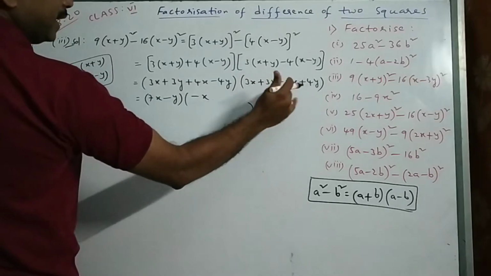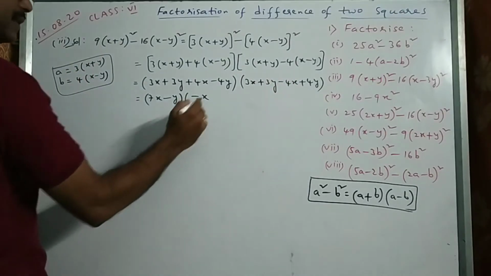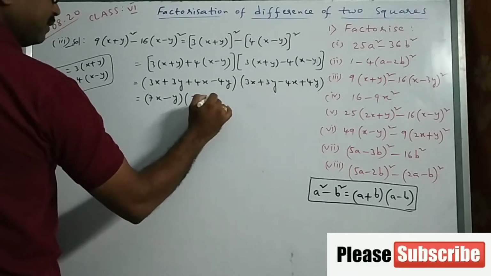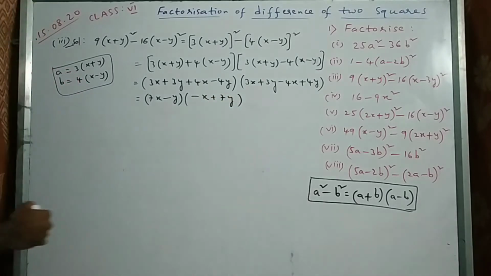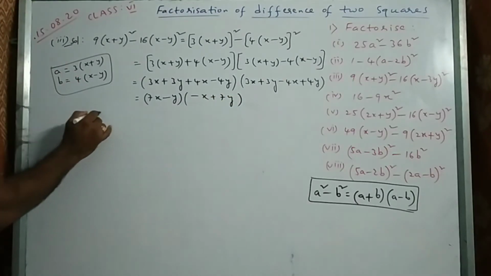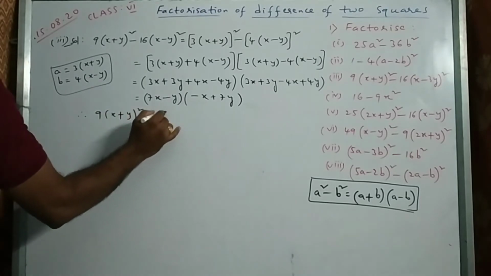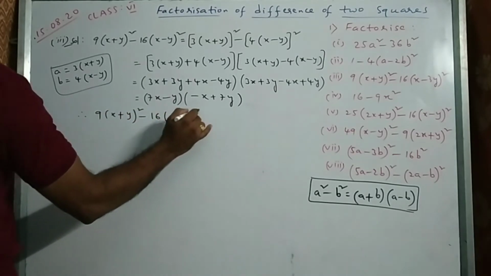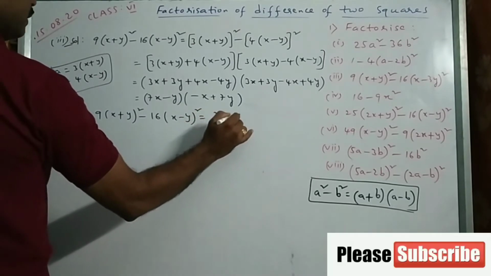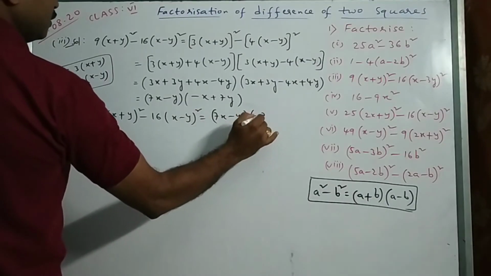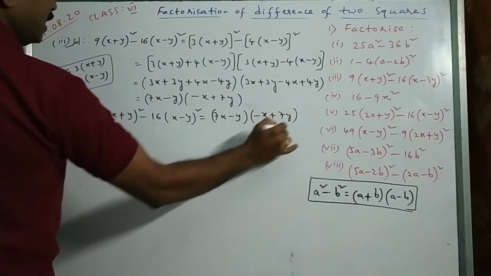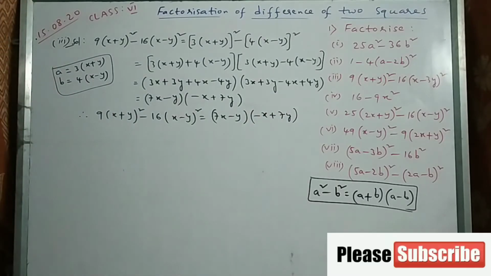Minus 3x minus 4x how much? Minus x. 4y plus 3y, 7y. You should be able to add them. Addition of algebraic expressions. 7x minus y into minus x plus 7y, or 7y minus x also you can do.